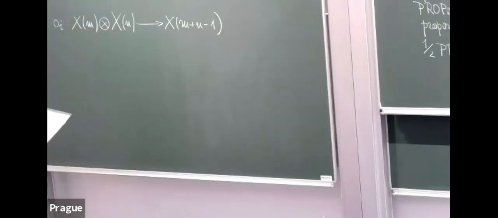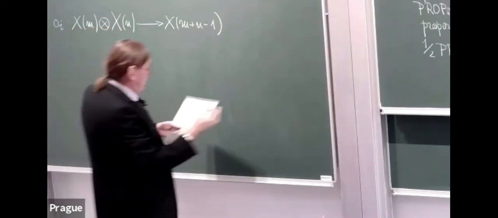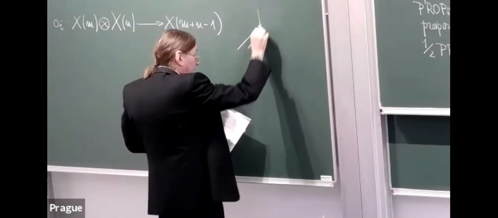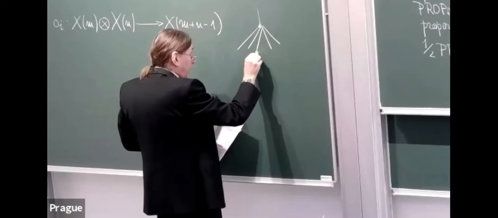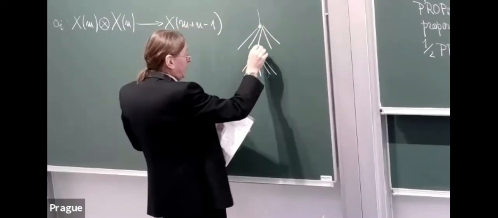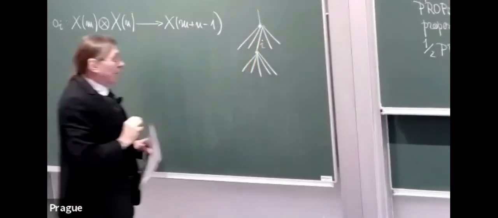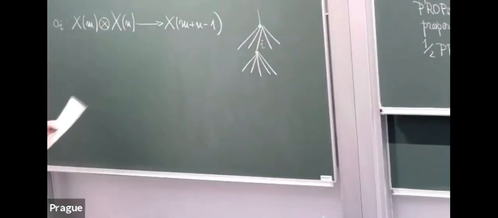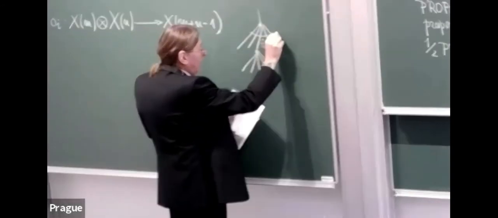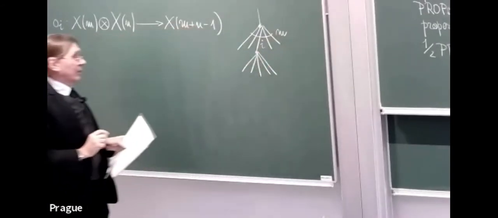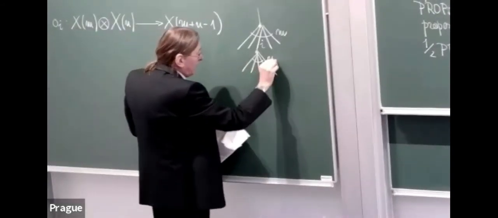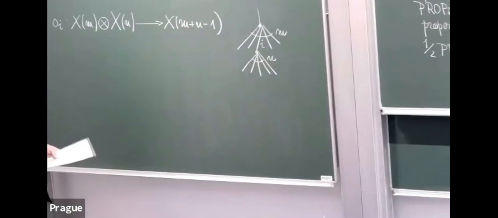I may think of them as symbolized by this very particular type of planar tree, where this is the i-th input of the first operation, and I have m inputs on the first operation, this is this m, and I have n inputs on the second operation, this is the second n.